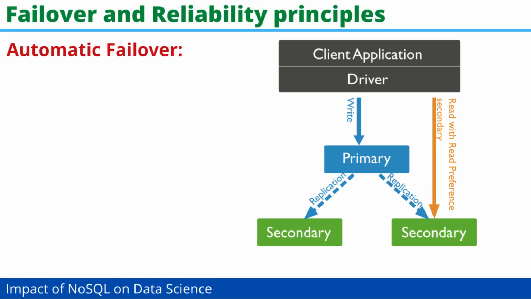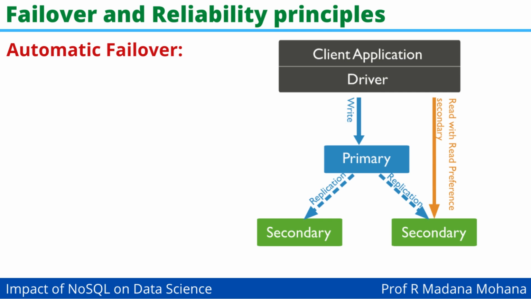Finally, you can see the schematic of automatic failover. We have a client application driver, then a primary, then two secondaries. Whenever the primary goes down, a secondary becomes primary, and the second backup becomes the secondary of the primary.